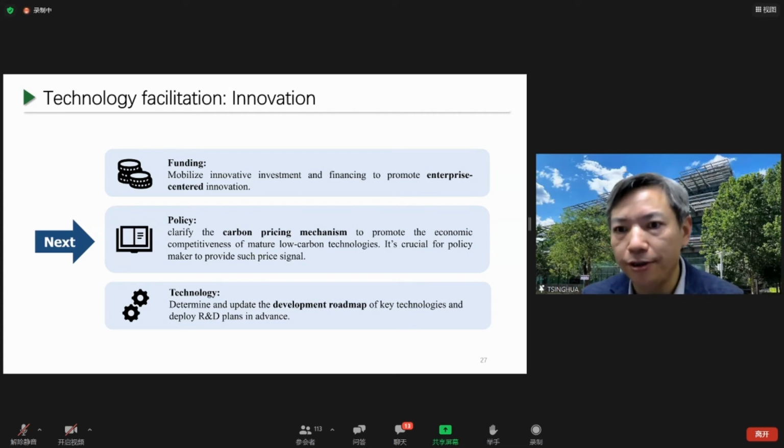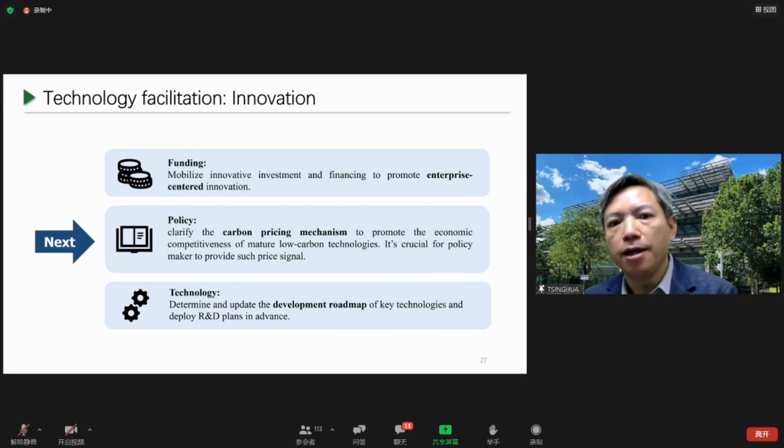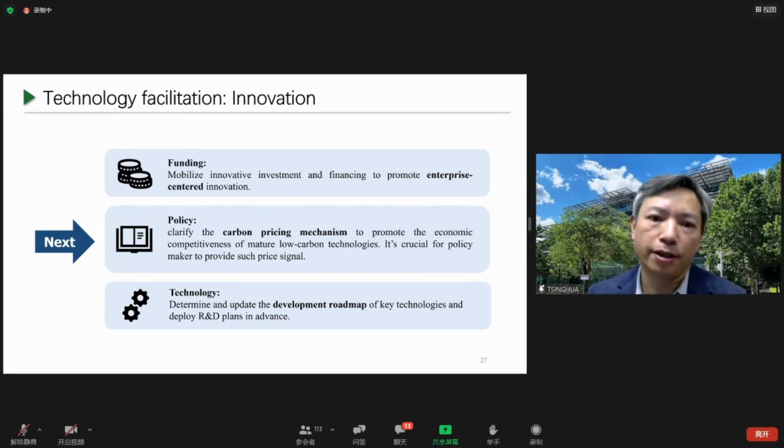Internalizing carbon price as economic competitiveness of innovation will enhance enterprise willingness to develop, implement, and commercialize low carbon technologies. Also develop and update roadmaps of key technologies like CCUS and strengthen the basic scientific research to support the technology development.